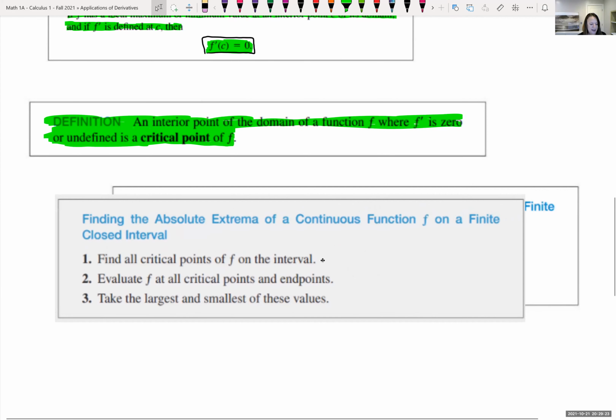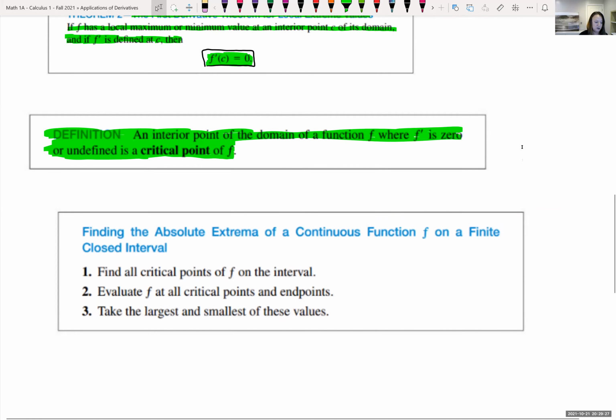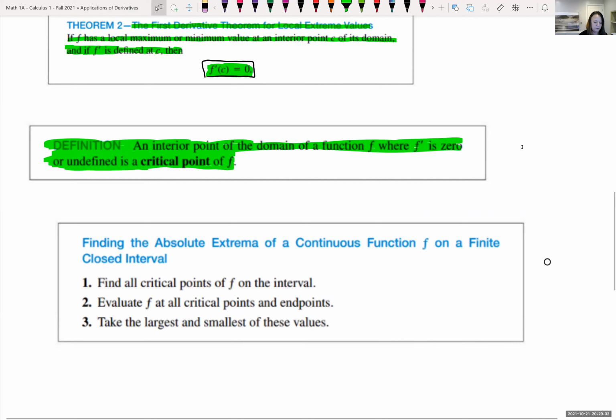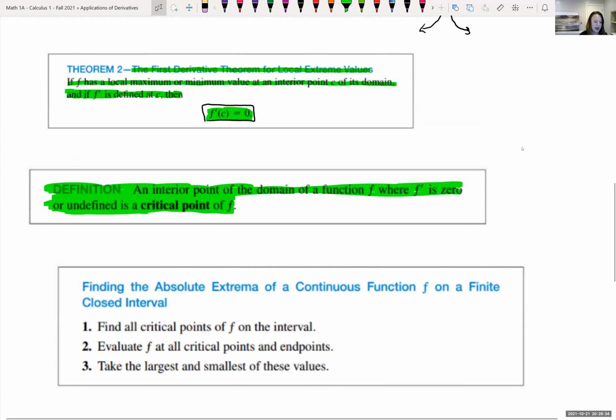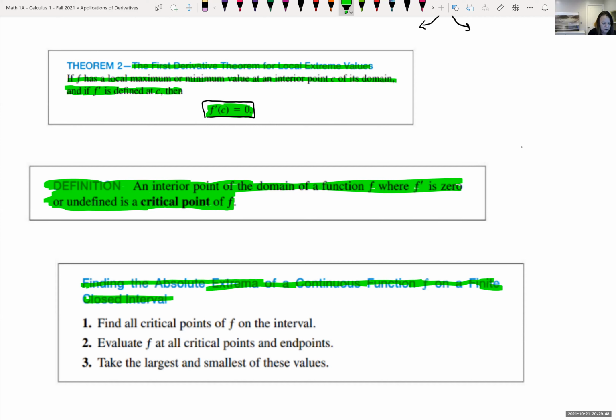So if we have some continuous function on a closed interval, we can use that extreme value theorem and figure out what that absolute max and the absolute min are. So, finding the absolute extrema of a continuous function f on a finite closed interval.